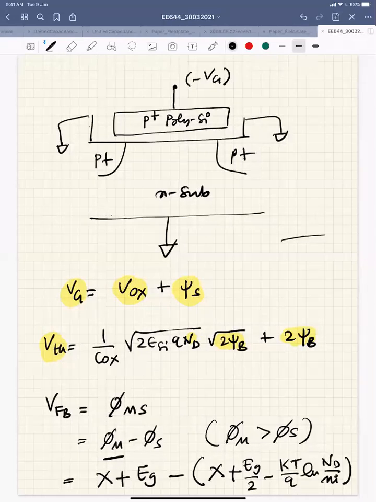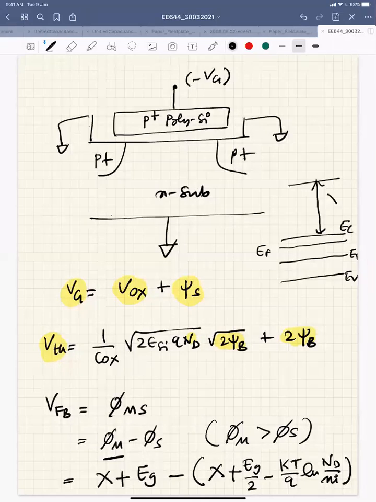So for the silicon, you see your Fermi level will be somewhere here, with Ec, Ev, and here this is your Ei, right? This is your vacuum level. So your work function: this is your x, the electron affinity. Then this is Eg by 2. Then you have to subtract kT by q ln Nd by Ni, right?